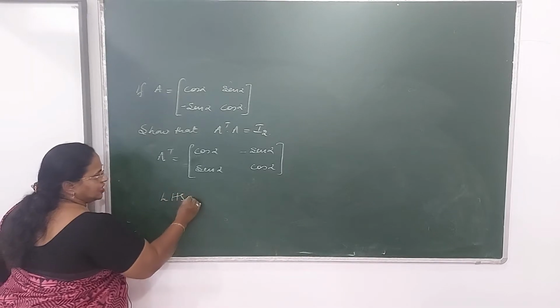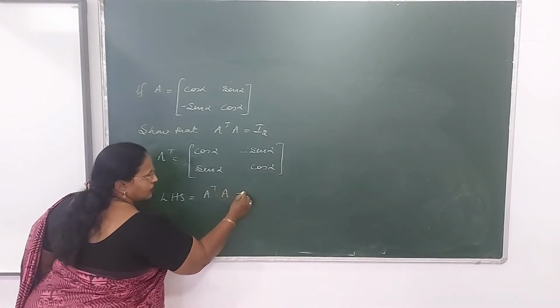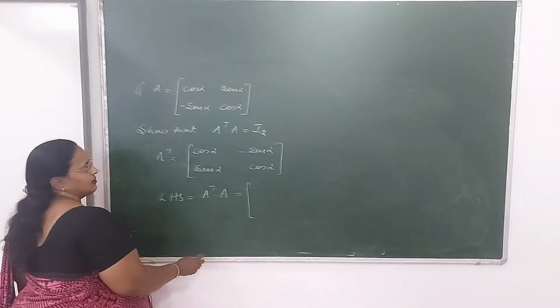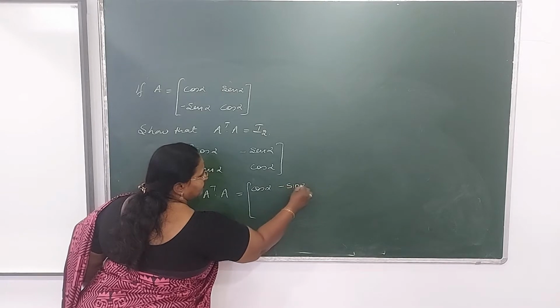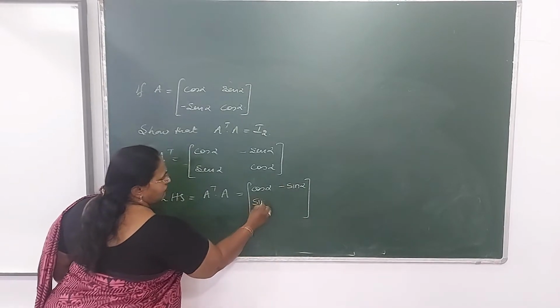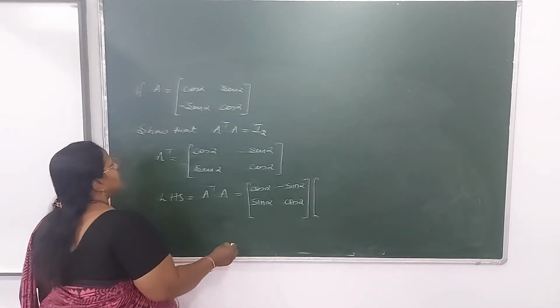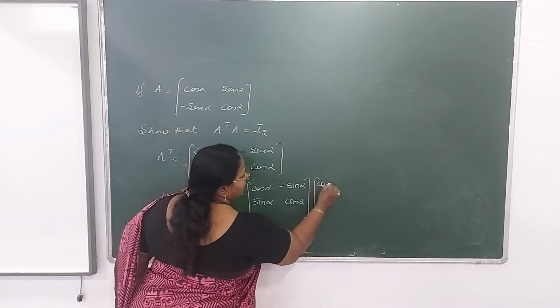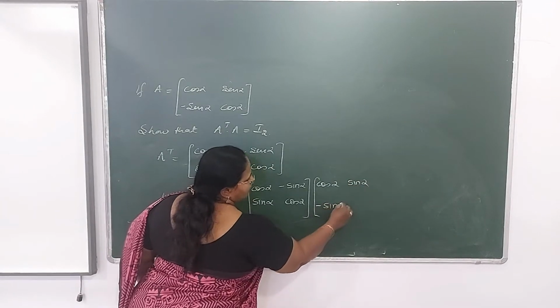So LHS is equal to A transpose into A. So place the matrix here. So A transpose is cos alpha, minus sin alpha; sin alpha, cos alpha, into matrix A. Matrix A is cos alpha, sin alpha; minus sin alpha, cos alpha.